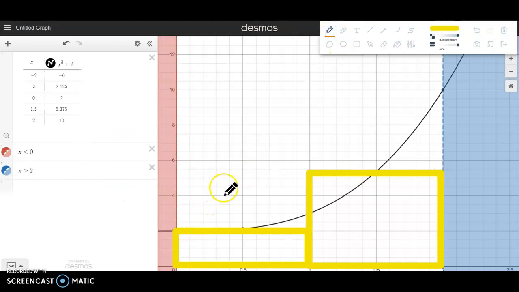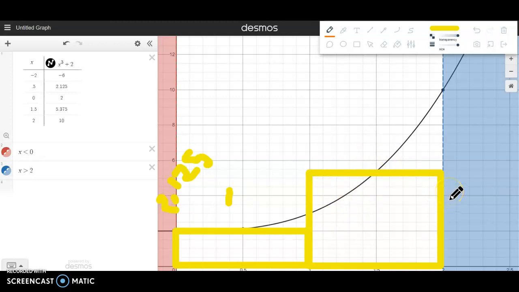Delta x is 1, so it is 1 wide, and your height is 2.125. Then we add that to the area here.